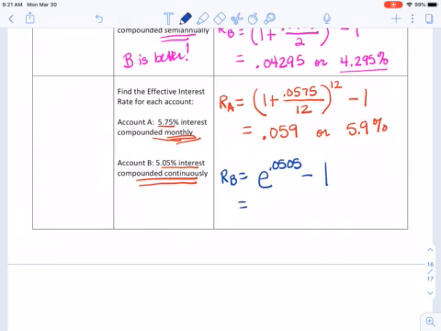And again, remember, E is just a number. There should be a button on your calculator that gives you that number. If you're stuck, message me. I'll help you find it. When you do this, you get 0.0518 or 5.18%. And so which is going to be better? A is going to be better.